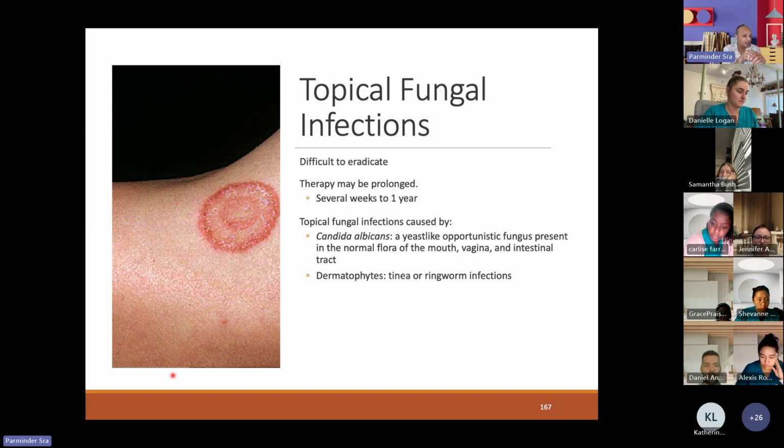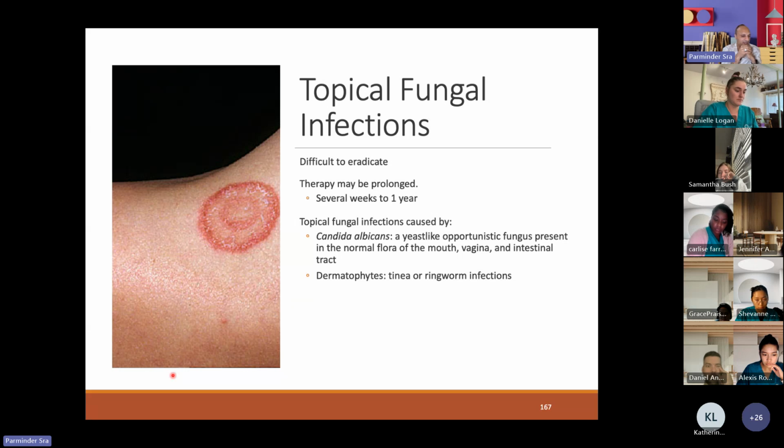Now, number four, tinea capitis. Cap. Where do we put the cap on? On the head. So this is the scalp. Infection of the scalp. Very common in children. They'll have scaly patches, some hair loss, itching, capitis.